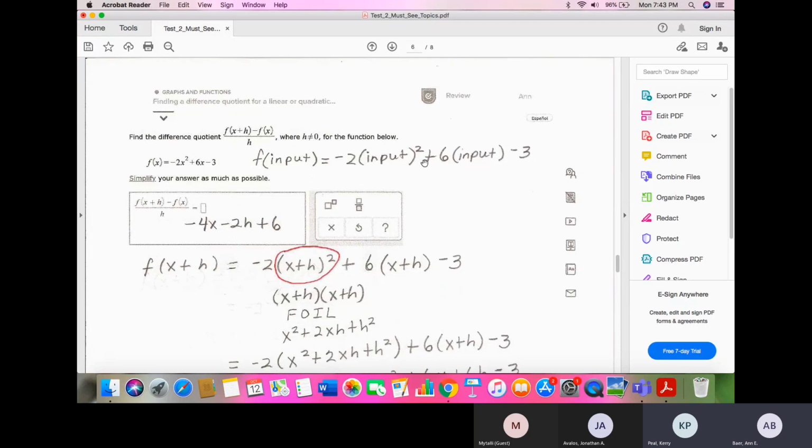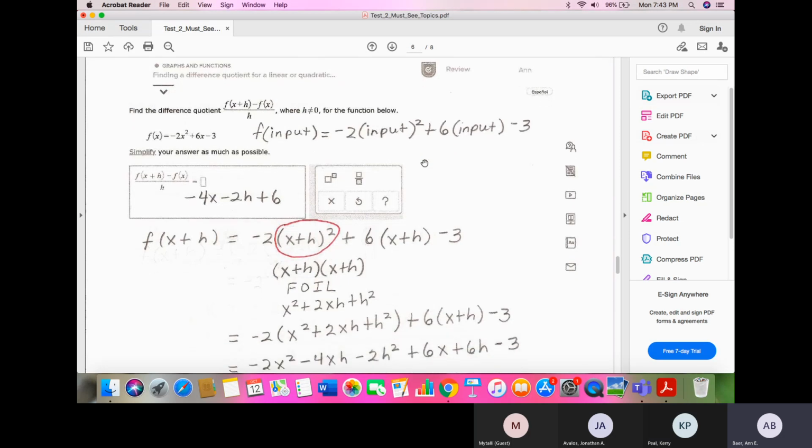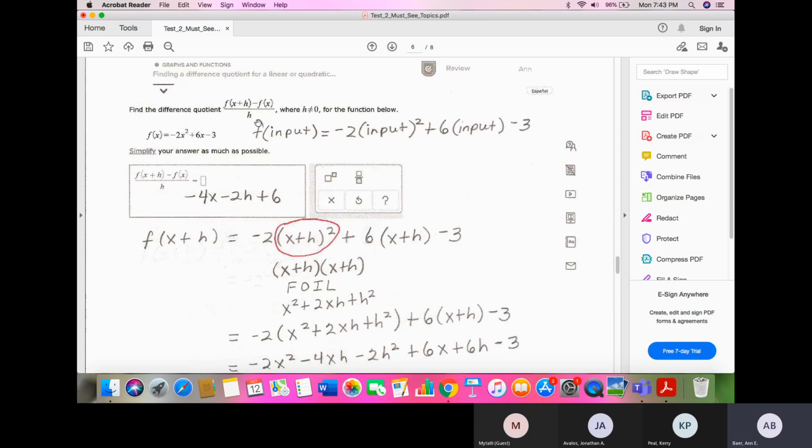So let's take a look at this particular topic, finding the difference quotient for a linear or quadratic function. If you go on to Survey of Calculus or Calc 1, you will definitely see this. So it's important, and it also will deepen your understanding of functions.